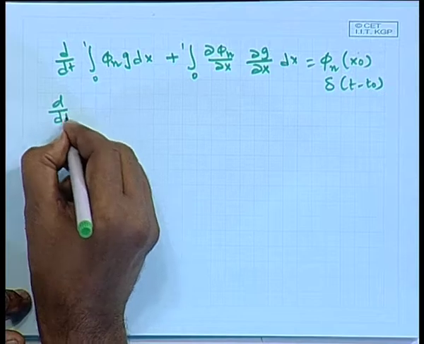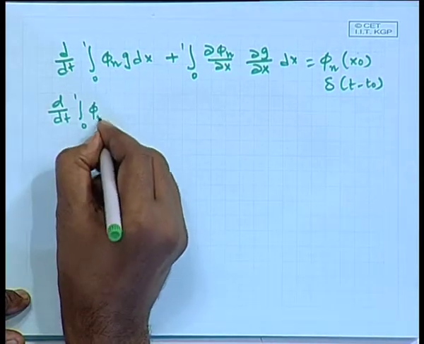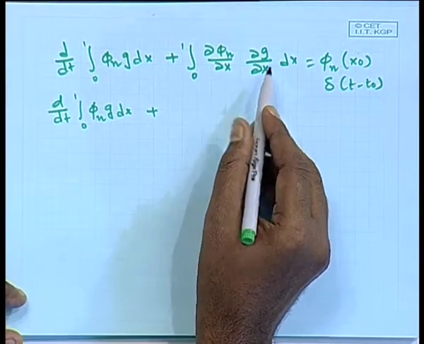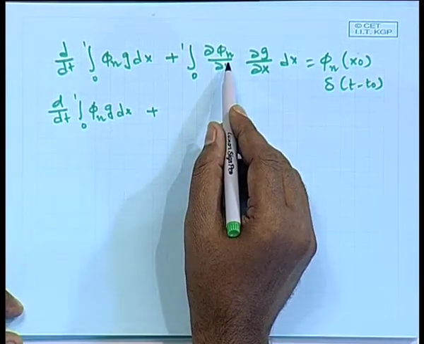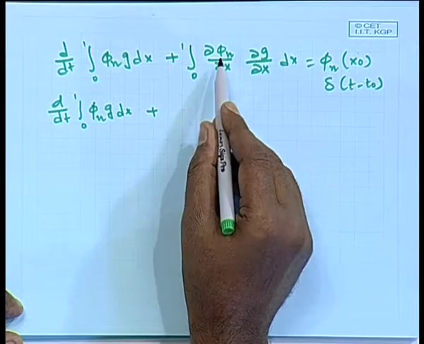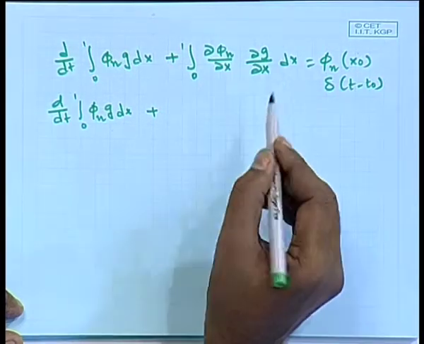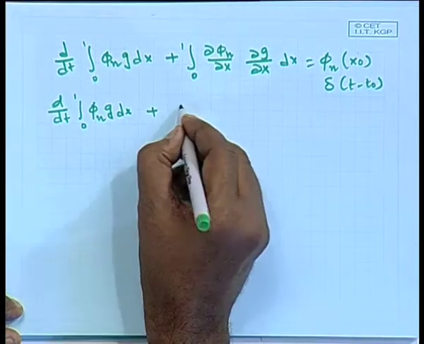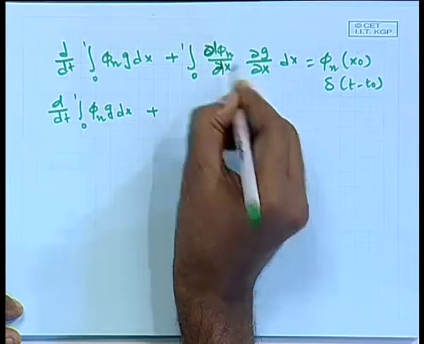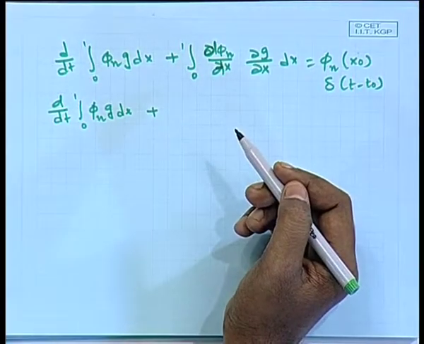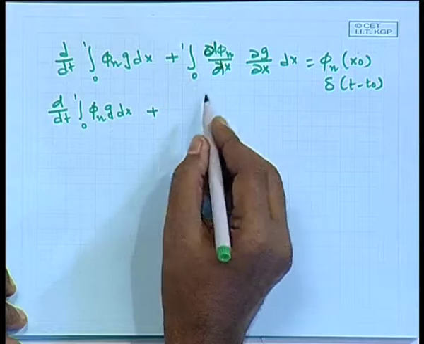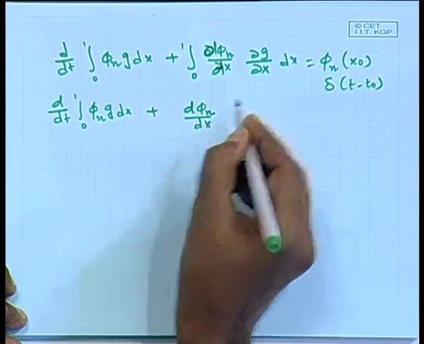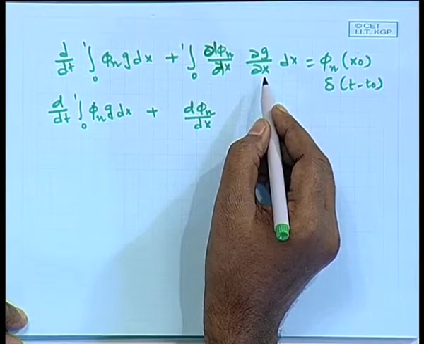So this will be d dt 0 to 1 phi n g dx plus first function, integration of the second function. This will be d phi n dx, because phi n is a function of x alone, so there is no partial derivative. So first function, integration of the second function, del g del x is the second function, let us consider.